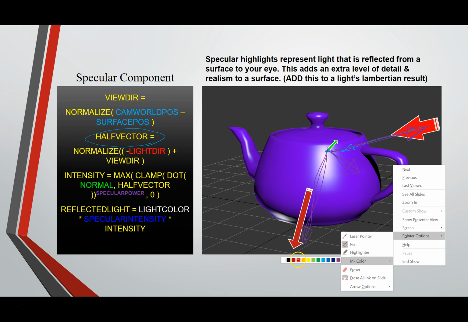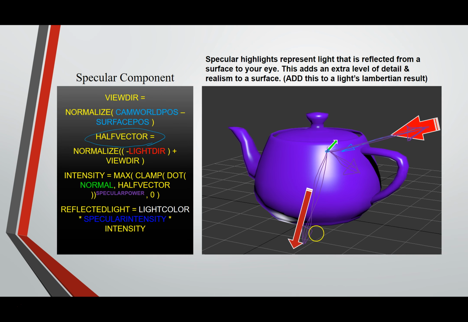That's the general idea of this. There's our half vector right there. Should have used a different color in the beginning. These are our other vectors. So we're going to dot these two. And the closer they are, the more bounced light there is.